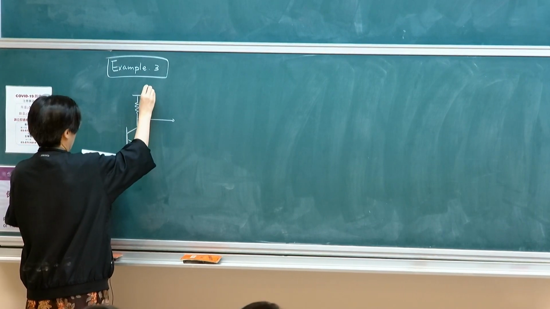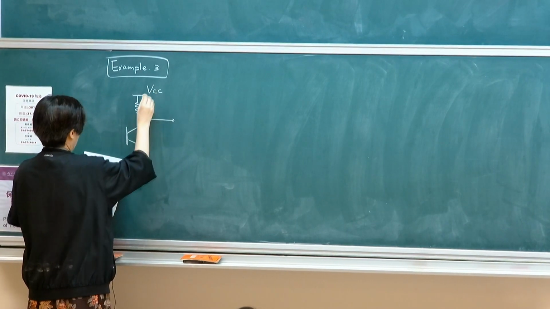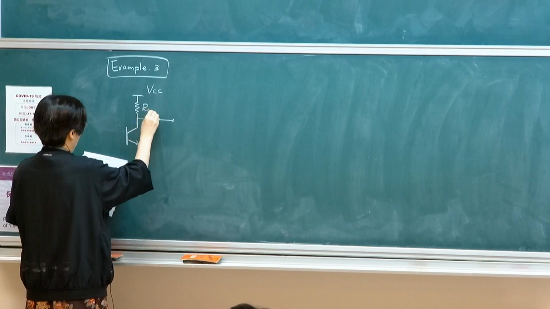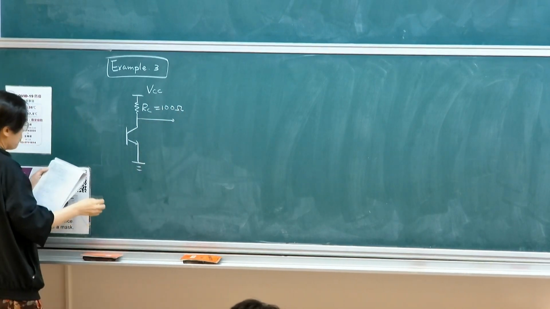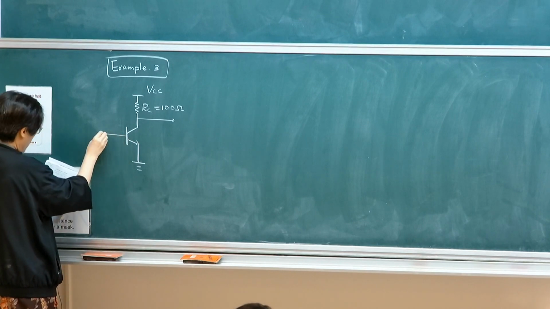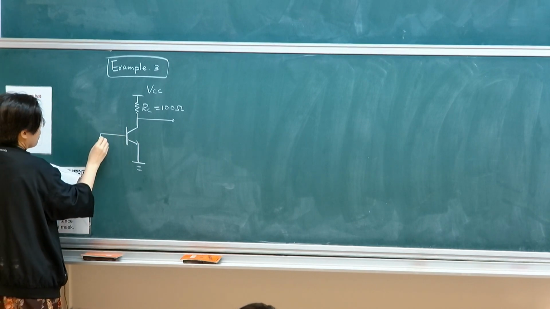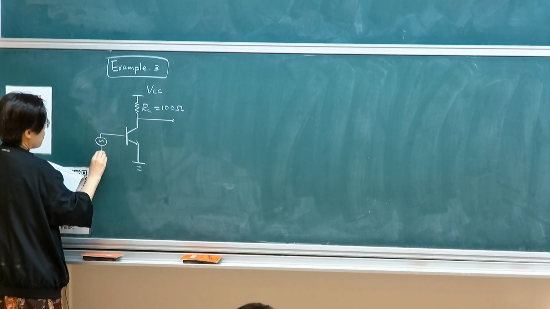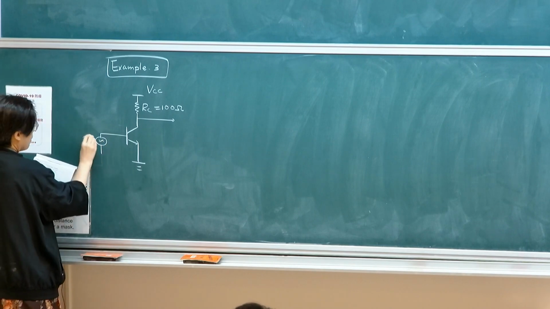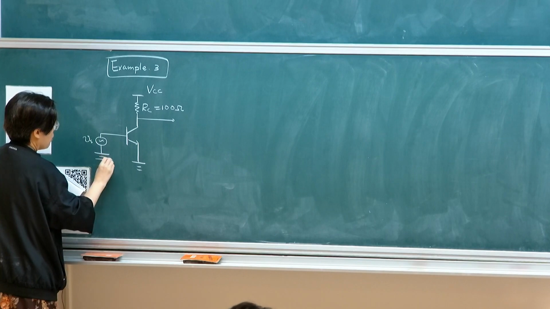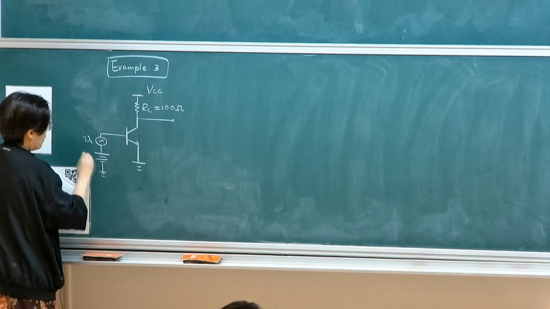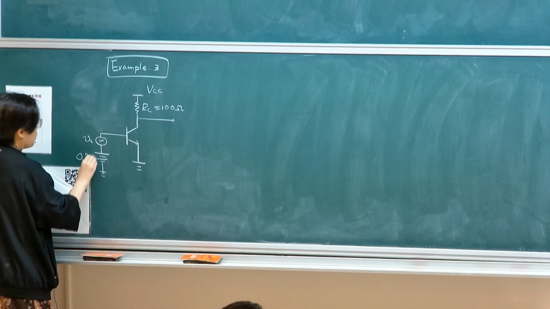So let's say this is VCC, and I'm having a collector bias of 100 ohm. And instead of having a DC bias, I would then have a small signal input, and then establish another bias here. This is 0.8 volt. Okay?